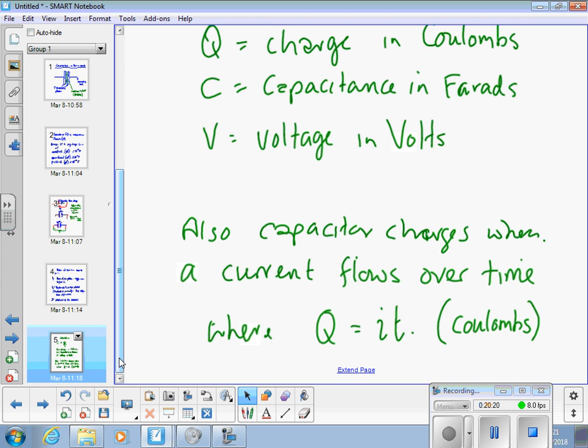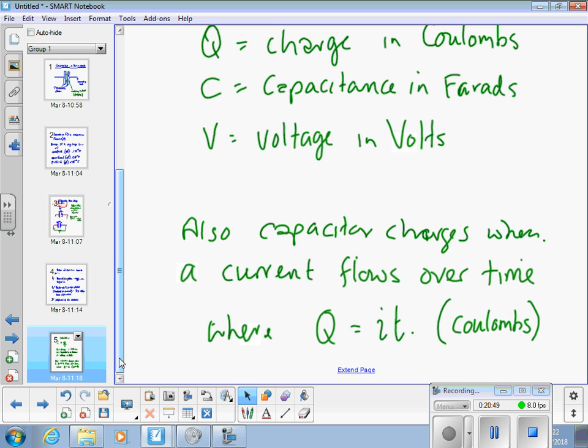Again, we'll look at that in more detail next week. So over time, direct connection of 10 volts to a capacitor will not give you a constant current. Over time, the current will reduce. So again, we're linking into next week's lesson in a way.